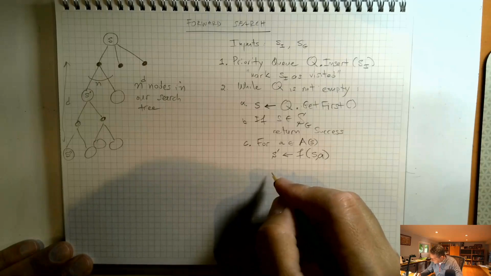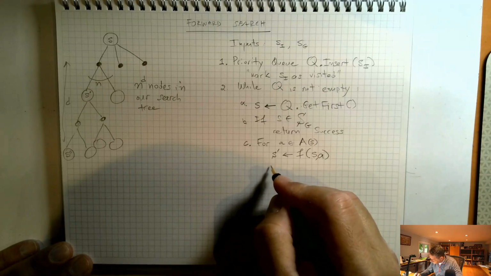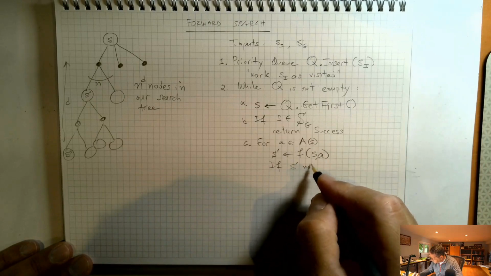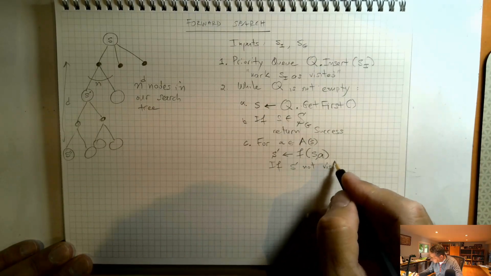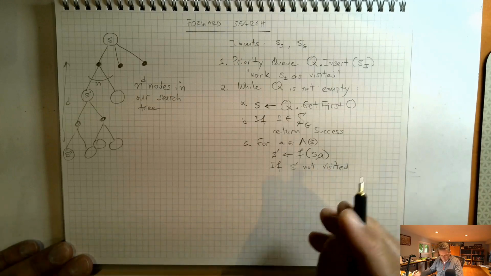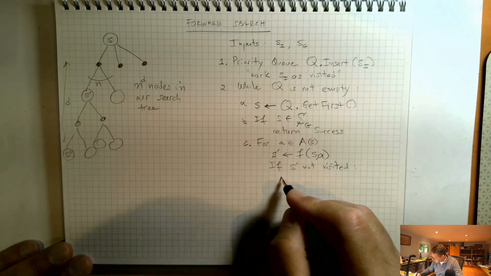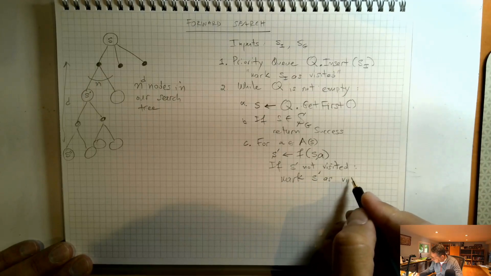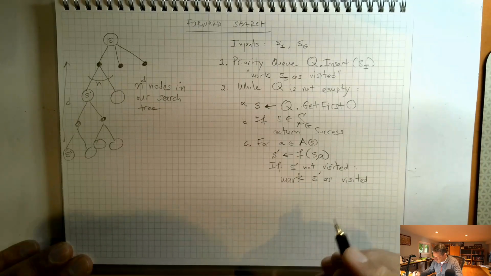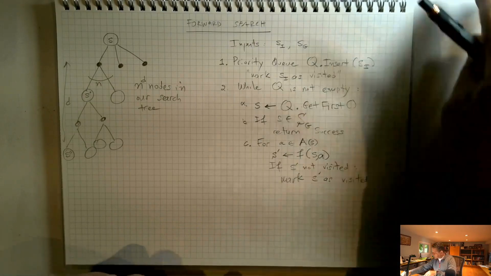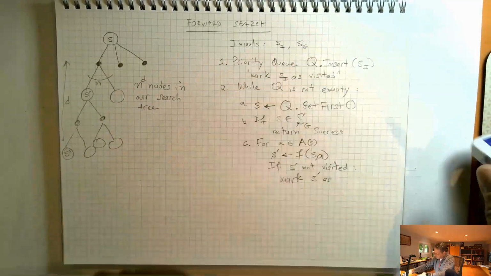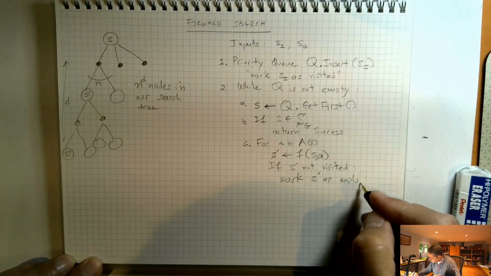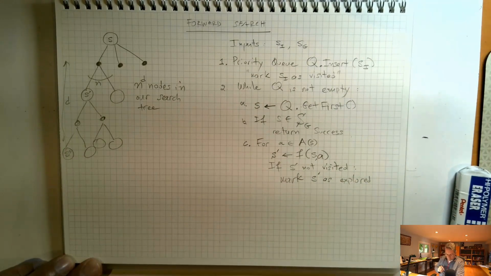And if S prime is not visited, then we mark S prime as visited. In fact, we call it visited or explored. In your notes, it is explored, so let me write this down as explored.